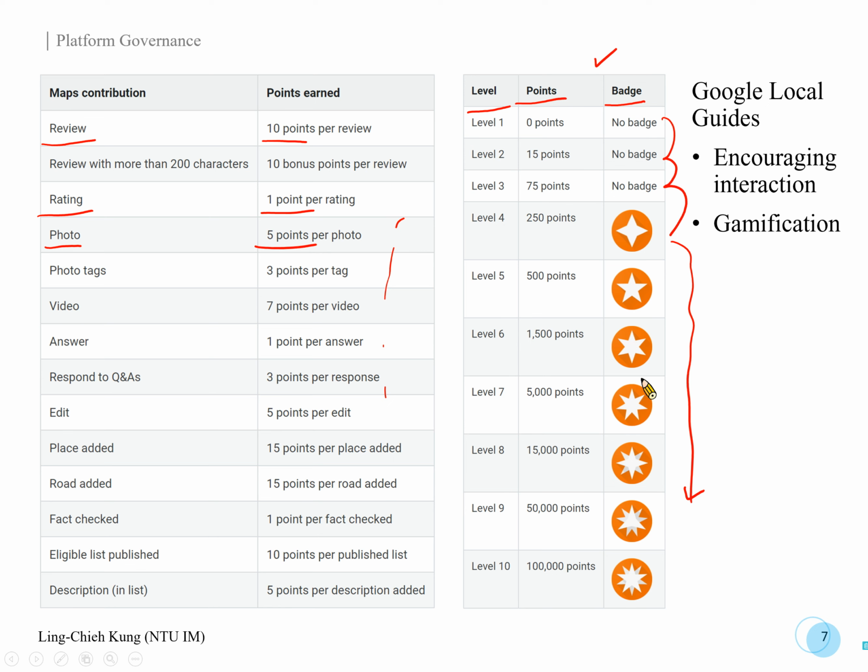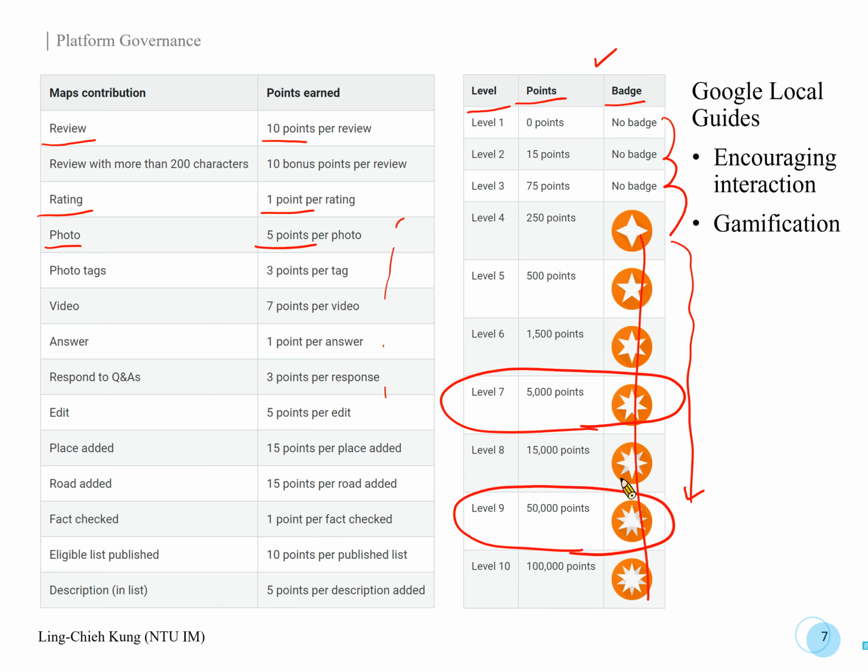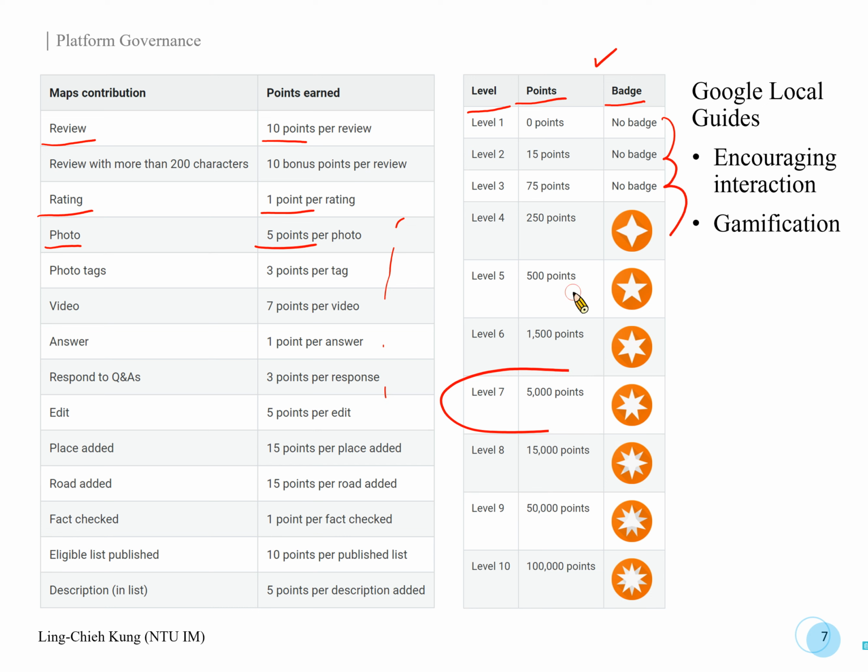And somehow, when people see your name on Google Maps, they're going to see, oh wow, you are level 7. Oh wow, you are level 9. With this kind of weird badges. So maybe you also feel that, well, who cares about these weird stars? But as long as some people do get attracted by these stars, then it becomes useful, right?